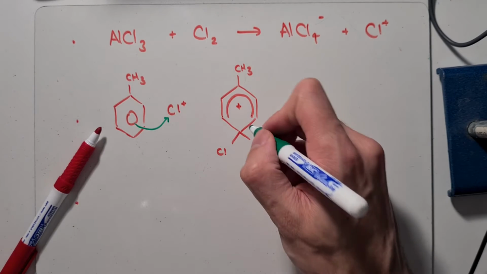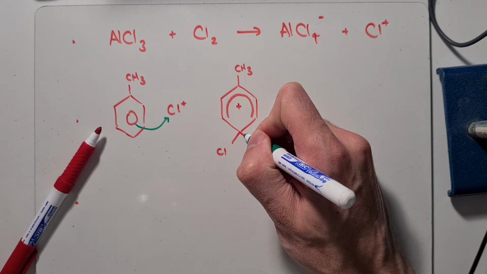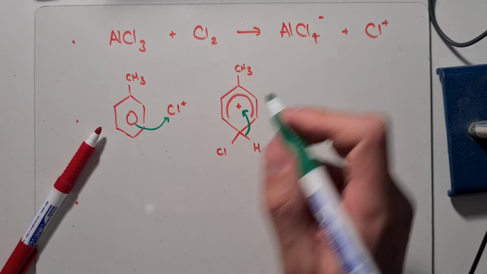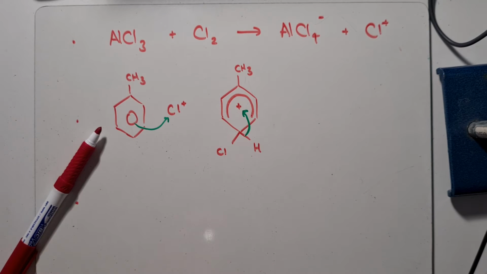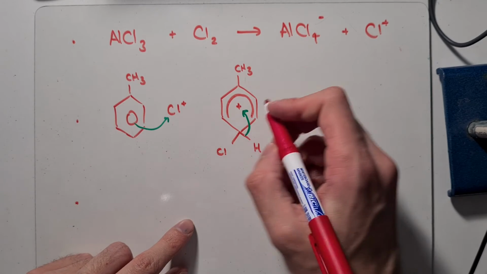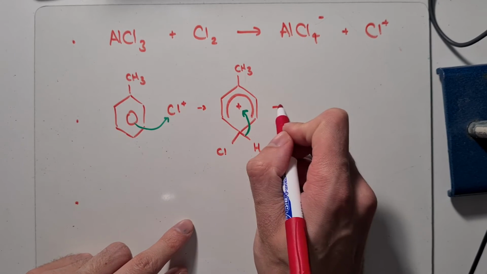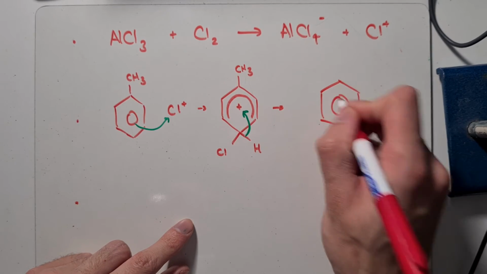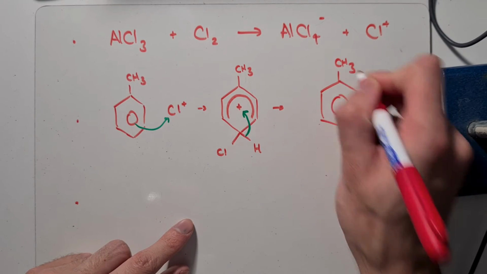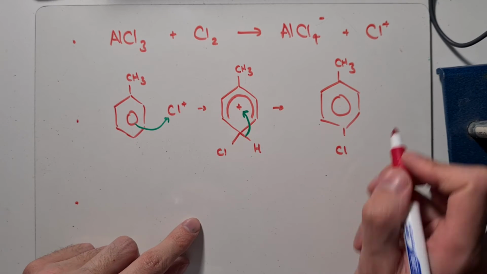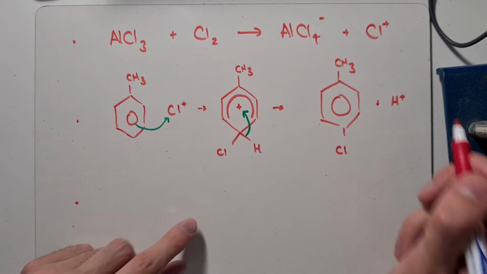Now, the curly arrow coming from the bond to the hydrogen back into the ring. And that has the H+ then breaking off, which gives us now our 4-chloromethylbenzene and a H+.